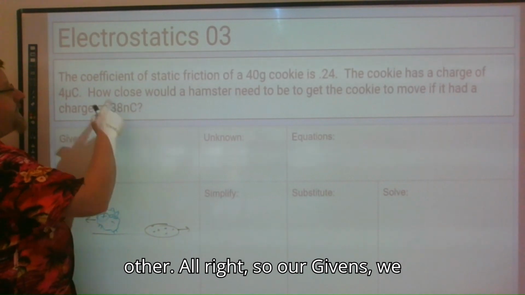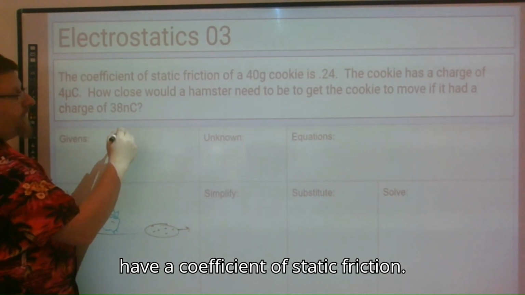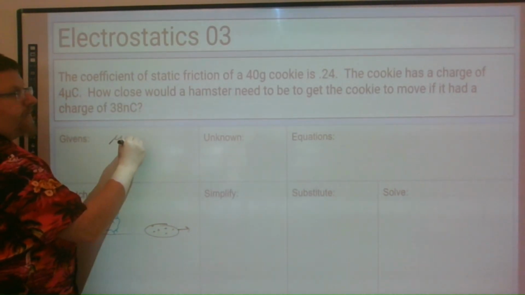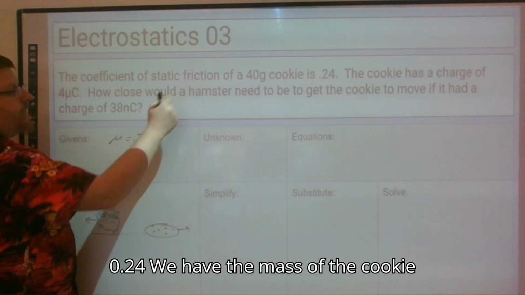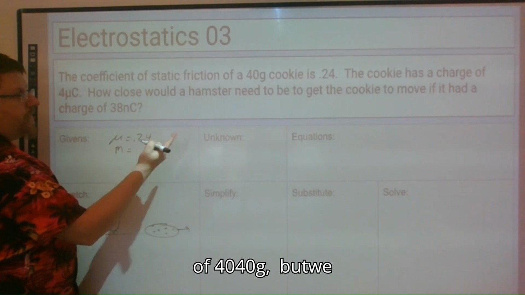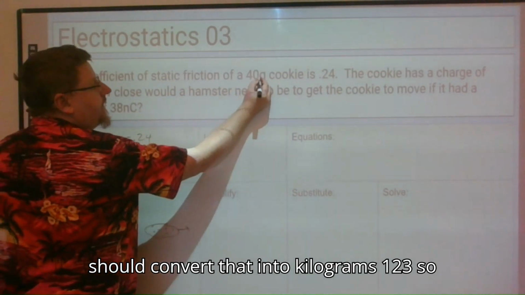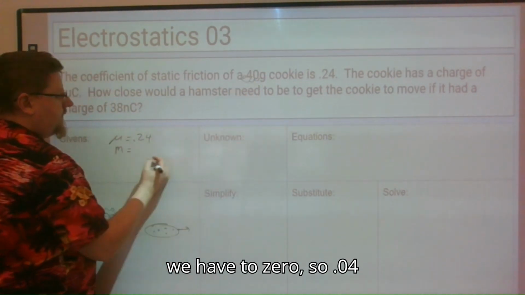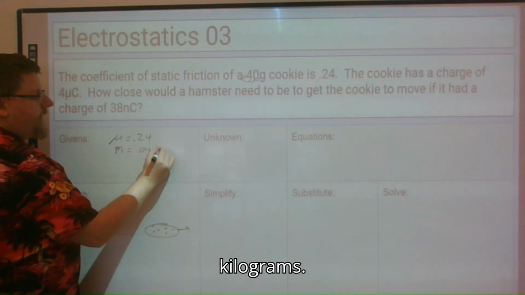All right, so our givens: we have a coefficient of static friction of 0.24. We have the mass of the cookie of 40 grams, but we should convert that into kilograms. So 1, 2, 3, we have to add a 0, so 0.04 kilograms.